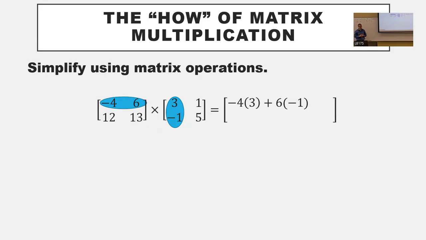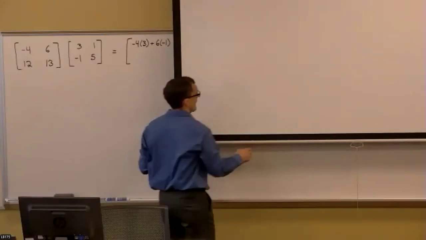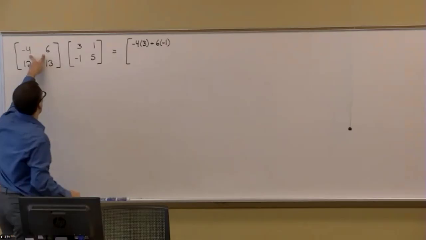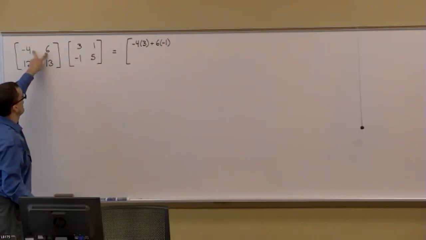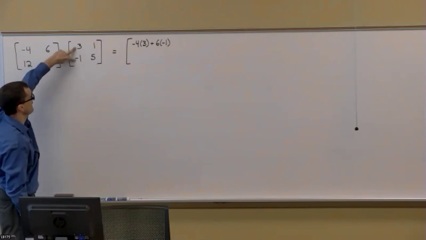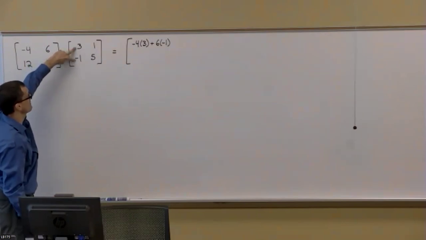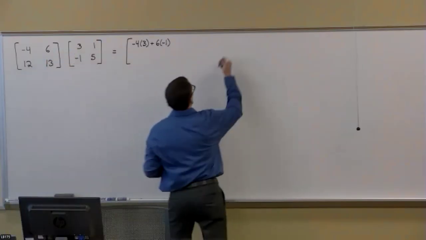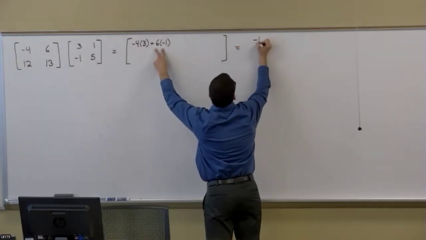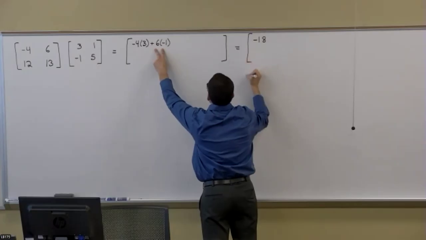That is going to give me the 1, 1 entry of the resulting product. Again, I usually think of this as sort of dynamic, where I take row 1 and turn it upright and multiply it by column 1. So -4 gets multiplied times 3, 6 gets multiplied times -1, add them up. This is going to be -12 minus 6, which is -18. Okay.